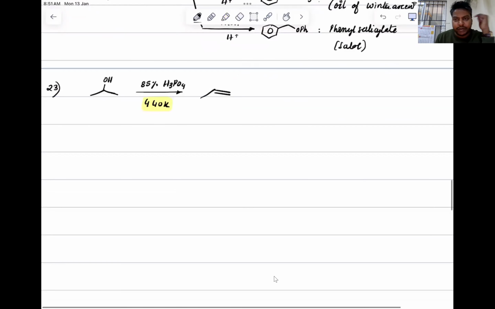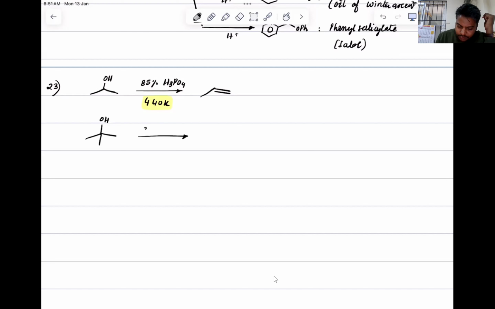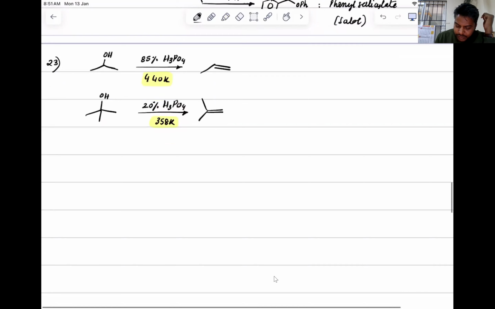Then you are expected to get an alkene. But if you have tertiary alcohol, we just require 20% of H3PO4 at around 358 kelvins. Again, the reaction conditions are important. So that will give us alkene like this. This is the alkene which you will get.